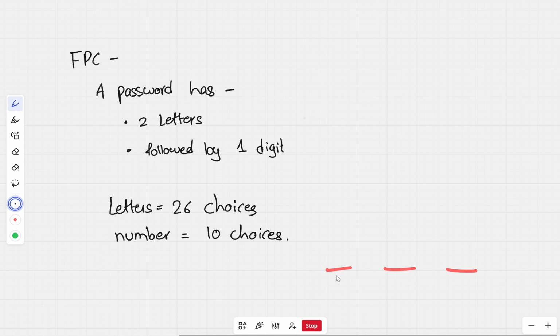I can choose any letter from A to Z to put here. So we have 26 ways to select a letter for this place, and same goes for this place. Note, repetitions of letters are allowed. So if I choose B here, then I can choose B here also. So there are 26 ways to select a letter to keep here, 26 ways to select a letter that I can keep here.